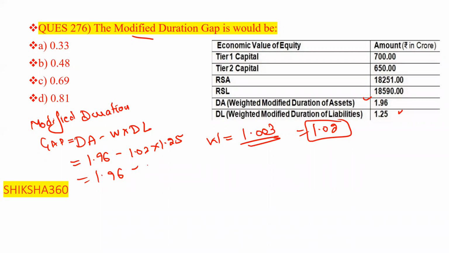That is 1.96 minus 1.275, so 0.685, clear, 0.685 we will get here. So approximately this one is our answer.